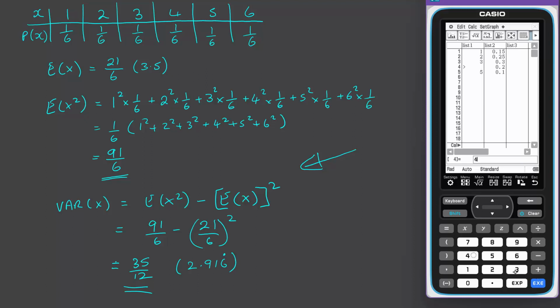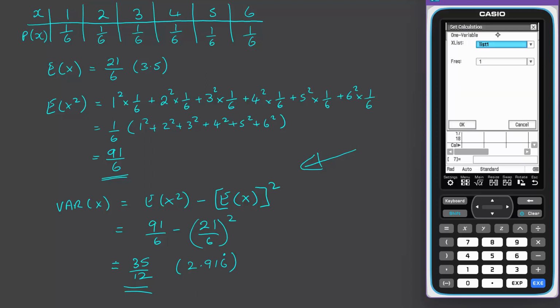So we've got 1, 2, 3, 4, 5, 6, and then all of these are 1/6. And then we can go to calc one variable, and our probabilities were in list 2, so we need to tell the calculator we were in list 2, and we'll click OK there.